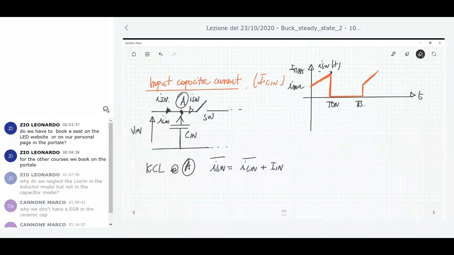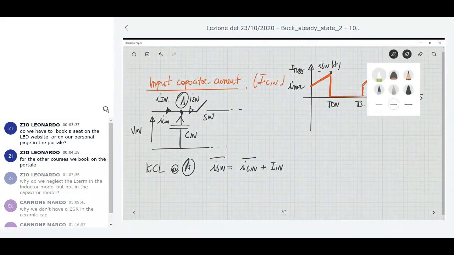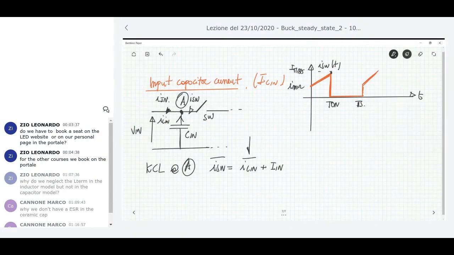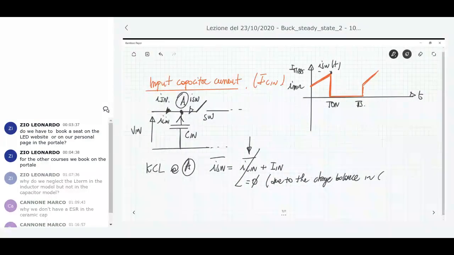In that situation, what is the average value of the input capacitor current? Remember the charge balance condition in steady state: no DC current can flow in any capacitor. So what does it mean? That this average value is null, due to the charge balance in the input capacitance.